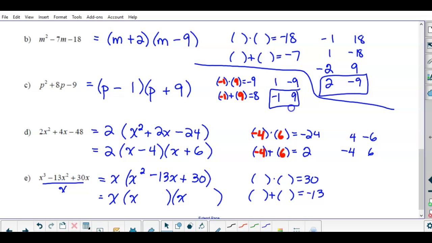So if that's positive, then they both have to be positive or both negative. Well, if the factors are both positives, there's no way you can add to get a negative. So these are both going to be negative numbers. Okay, so think of factors of 30. 1 and 30, 2 and 15, 3 and 10, 5 and 6.